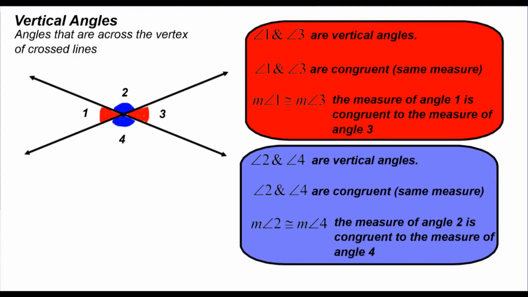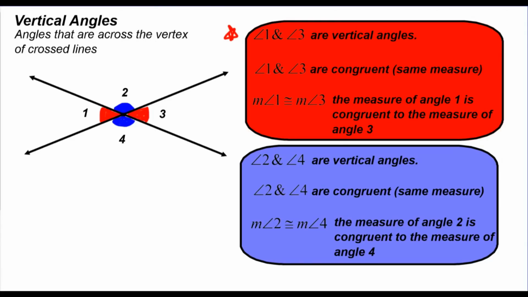So let's look at these a little bit more in depth, each type of angle. Vertical angles, again, are angles that are across the vertex of crossed lines. Here I have crossed lines, and that creates 4 angles. The 2 blue angles and the 2 red angles are vertical to each other. Looking at the red angles in this red box, angle 1 and angle 3 are called vertical angles, and we know that vertical angles are congruent.